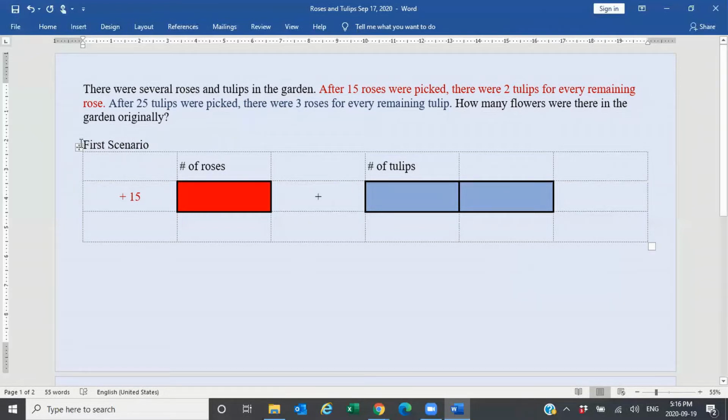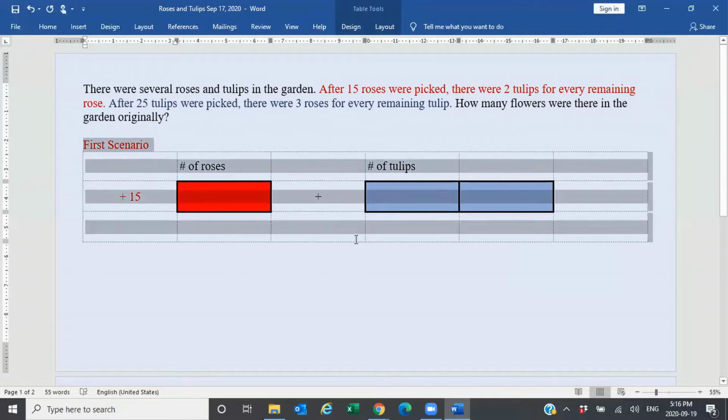I'll also color it red to match the red part of the sentence, which we're working on right now. So we did the part that says after 15 roses were picked, there are 2 tulips for every remaining rose. We have 1 red rectangle, 2 blue ones, and the plus 15 for those 15 roses that were picked.